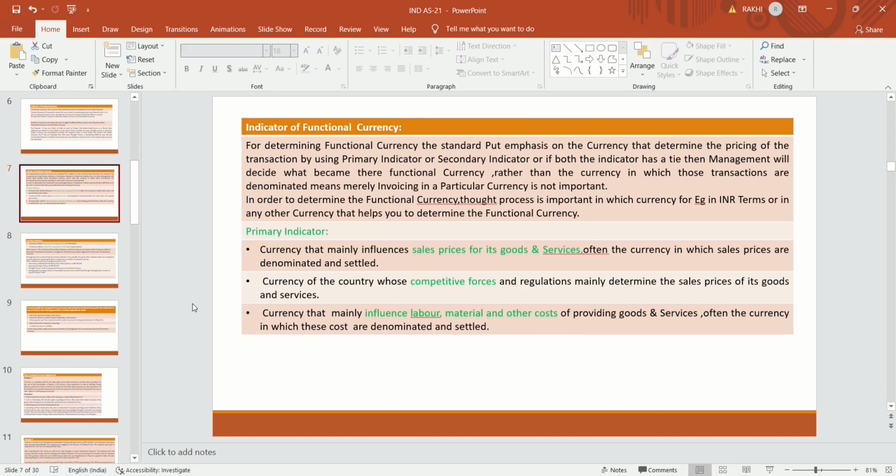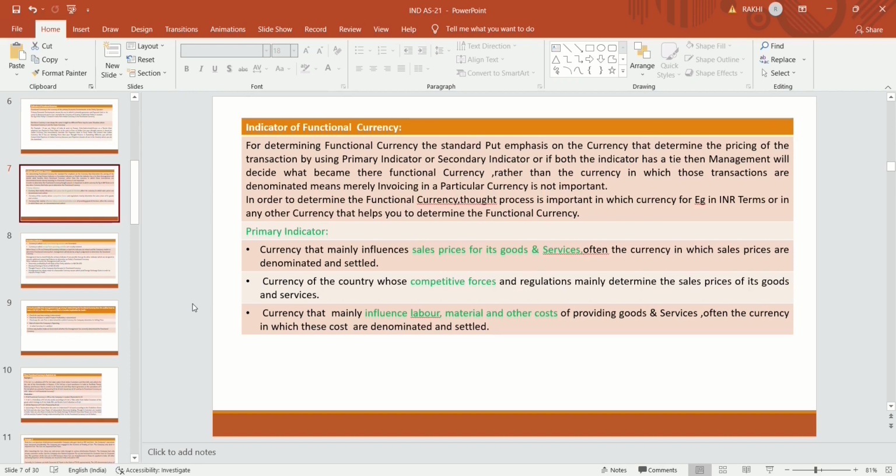The currency that influences the sales price. Denomination is not important; what influences the sales price is important for determining the functional currency. All the products which an entity manufactures are priced according to the thought process of the Indian customers.